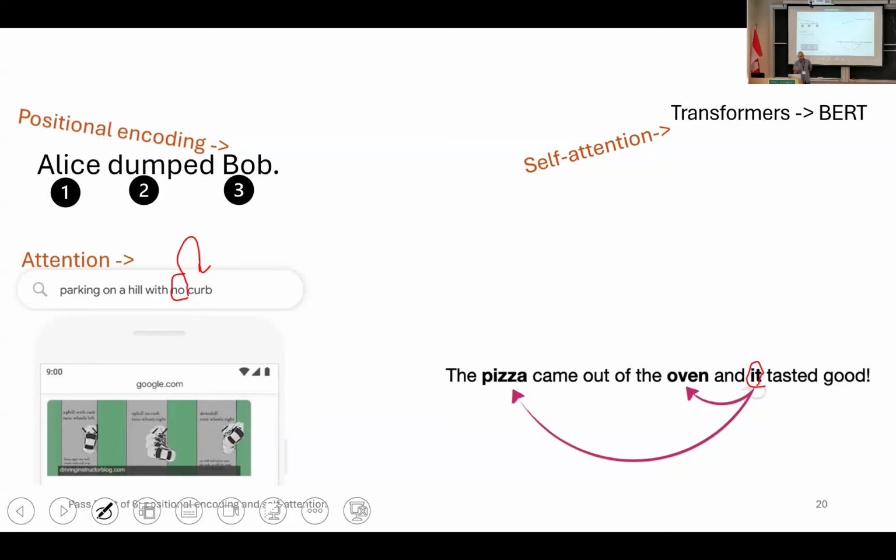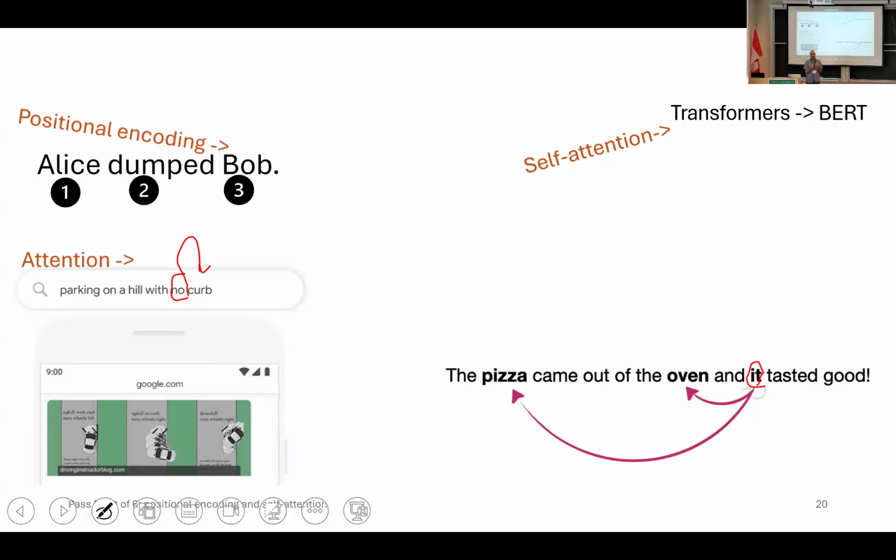the encoder must see many examples of English sentences about oven and pizza and tasting good, to the point that it finds the associations between taste and pizza. So when we say these language models understand, it's just about statistics. It's just about associations.